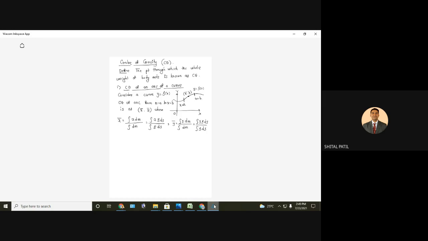If rho is constant, we can write it outside, and we can cancel the rho. So here we are considering that rho is not constant. So you remember this, rectification of the curve, you remember? From there we will get the ds.